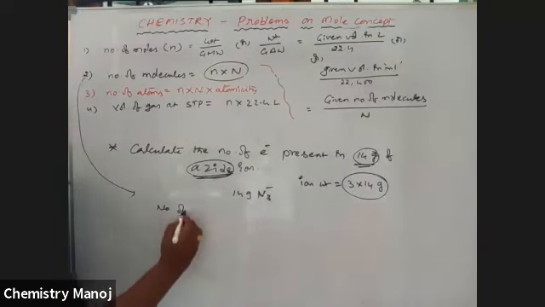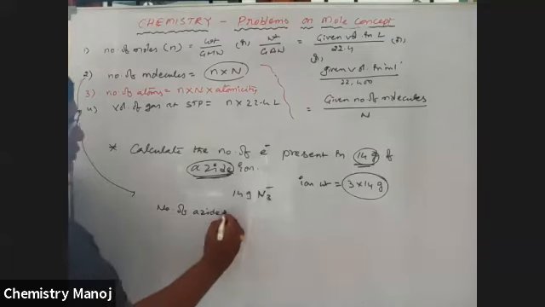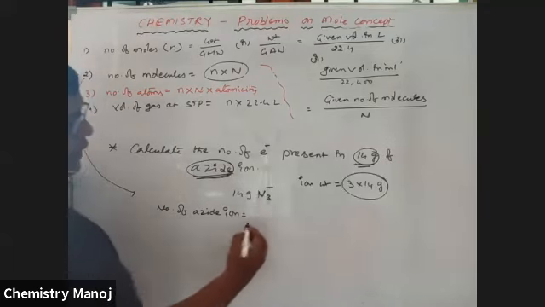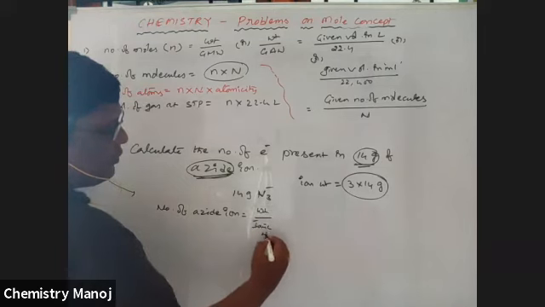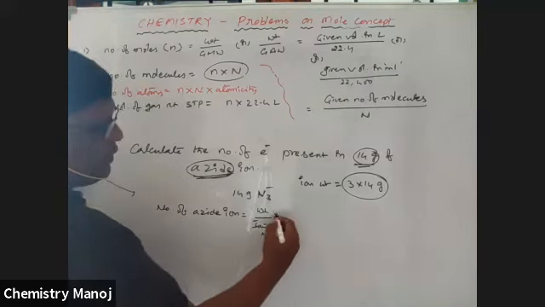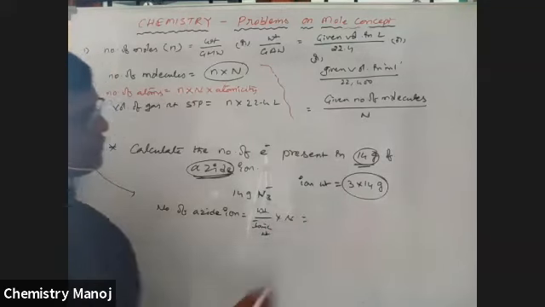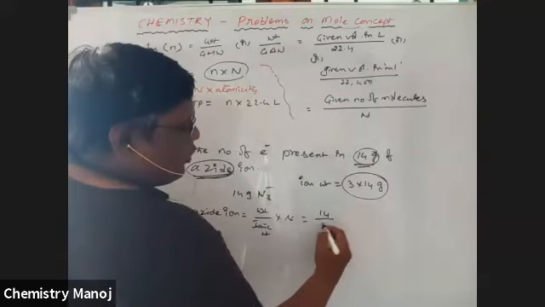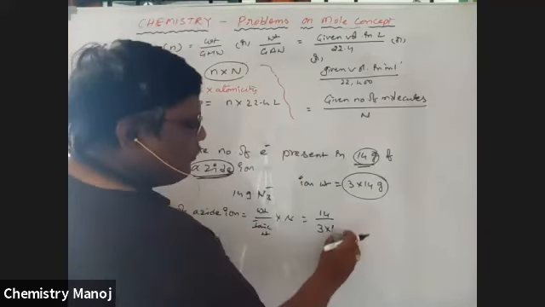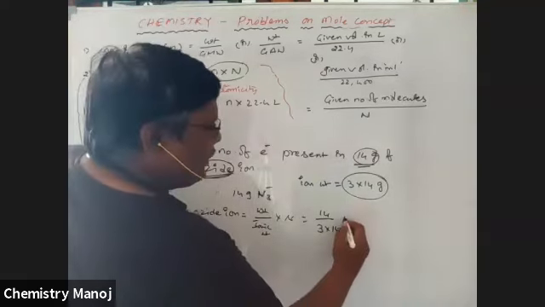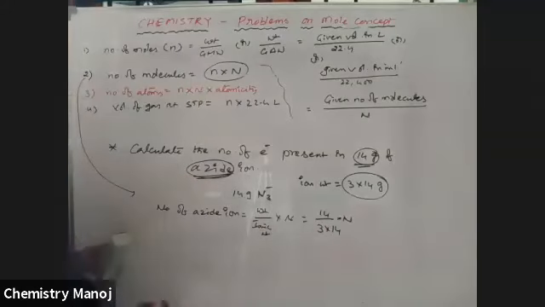Number of azide ions is equal to small n, weight by gram ionic weight, into capital N. Weight given is 14, so 14 by 3 into 14, into Avogadro number N. These are the number of azide ions.